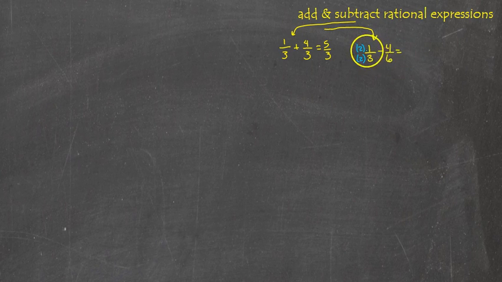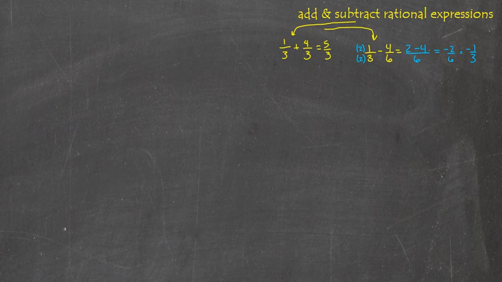And now I can carry out the rest of my operation. 2 times 1 is 2 minus 4 over, keep the same denominator. And 2 minus 4 is negative 2 over 6, and then always reduce. So negative 1/3.